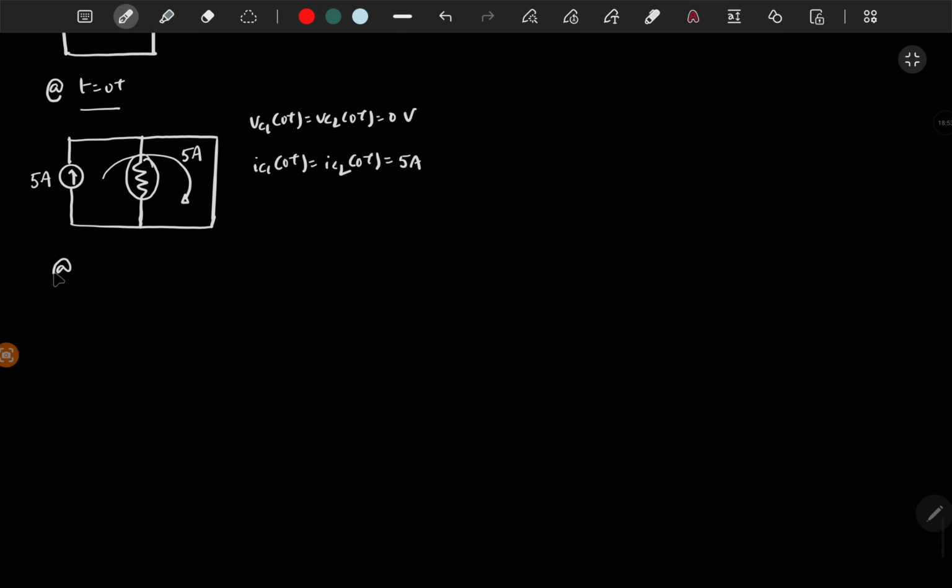Now at t tends to infinity, steady state, at steady state you have to assume omega is equal to 0. So both the capacitors will be open circuited, and all the current flows through the 2 ohm resistor.